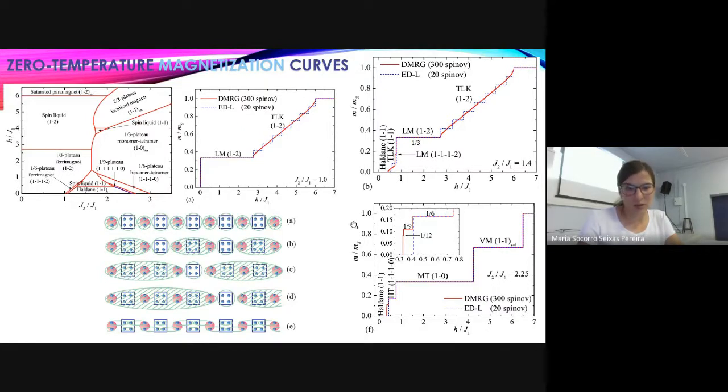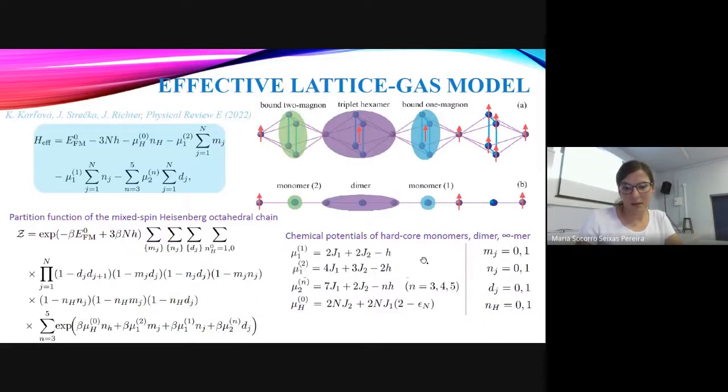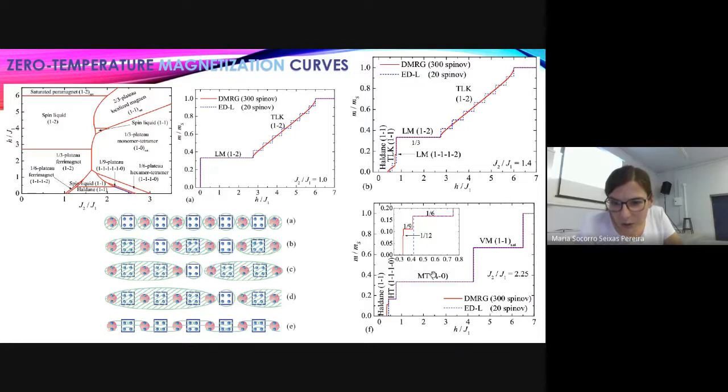The 1/6 plateau corresponds to the hexamer-tetramer state, the 1/3 plateau to the monomer-tetramer state, and the 2/3 plateau to the bound magnon crystal phase.